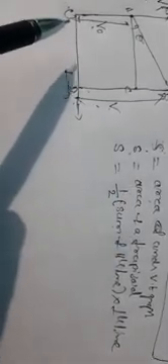The breadth is OD, the perpendicular line. So S is equal to 1 by 2 into the sum of the parallel lines, BD plus AO, into the perpendicular line OD.